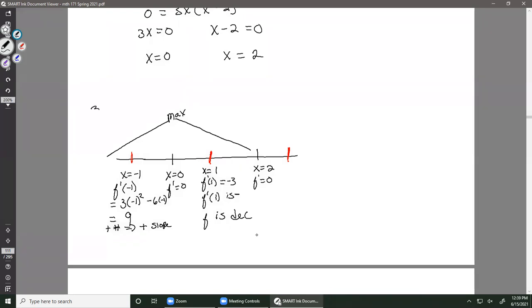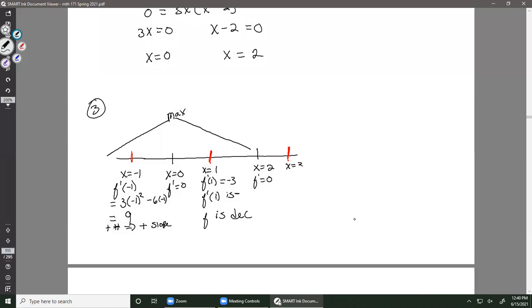This is step 3, by the way. The last thing we need to check is what is happening on the right side of 2. So it's zeroing out at 2, and then after 2, it's always going to do the same exact thing. So I'm going to look at x equals 3. So f prime at 3 is equal to 9.